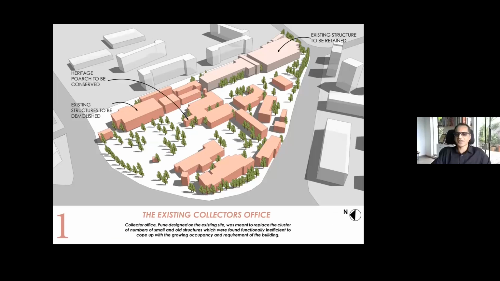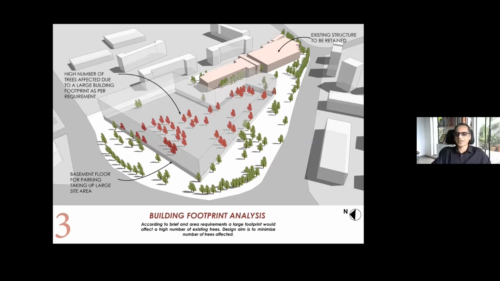But the biggest challenge was that the site had 197 huge grown-up trees, and again, saving trees is the first green consideration it should be. So after demolishing the small structures, this was the scenario. Now, if I had gone with the conventional design, because this building is about 2 lakh square feet, it requires about 300 car parkings.